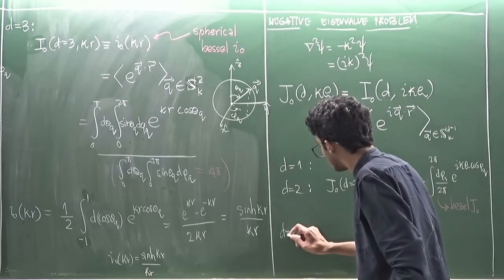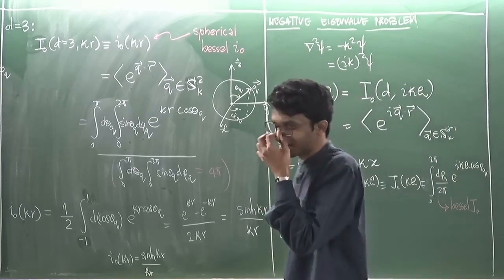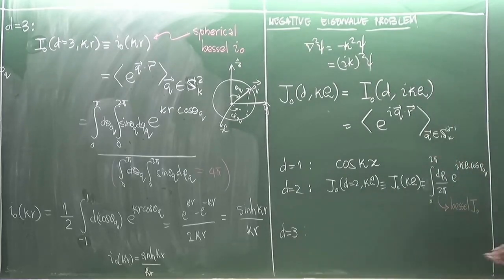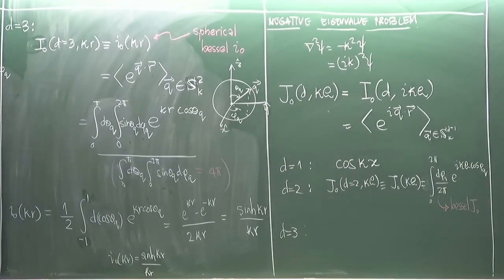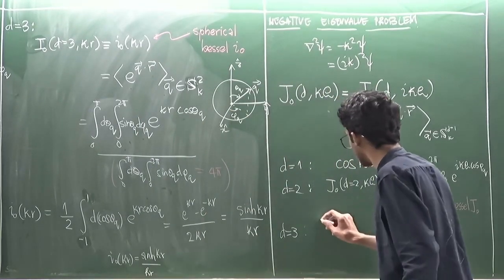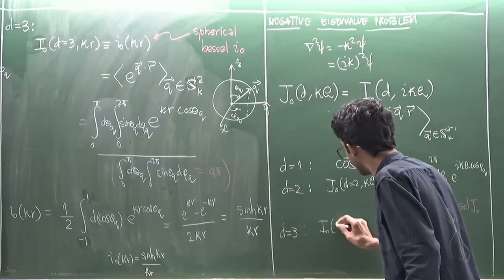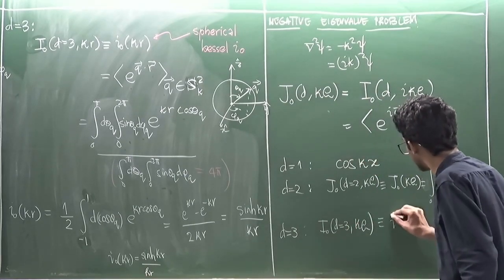D equal to 3. We already found I naught d equal to 3. It's just sinh kappa r by kappa r. So you have to do an analytic continuation of that. But remember, sinh of i kappa r is just i sin kappa r, divided by i kappa r. So the i's cancel, and it's just sin kappa r by kappa r. So J naught d equal to 3 of kappa rho is what one usually calls the spherical Bessel.